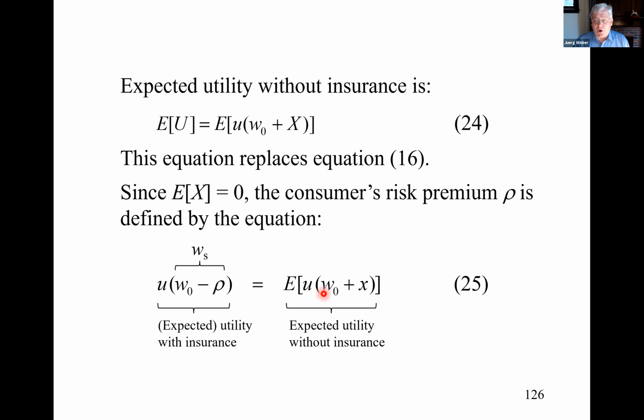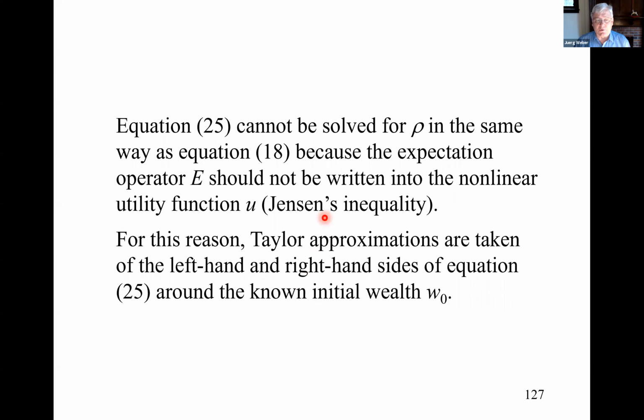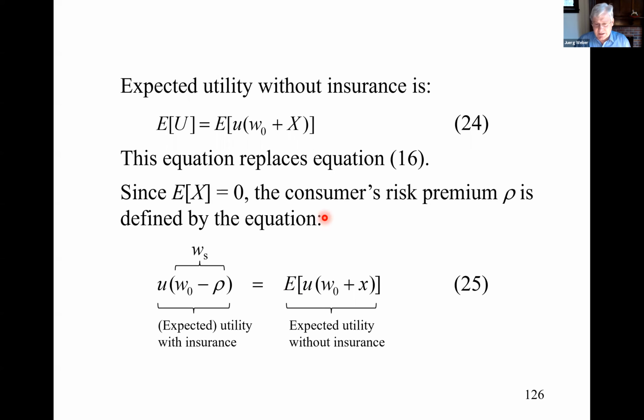And it's wrong because this utility function is nonlinear. Remember, it's concave because we are risk averse. Now, with linear functions, you are allowed to write the expectations into the functions. But with nonlinear functions, you're not allowed to do it. And that's because of Jensen's inequality. So basically, we cannot invert this utility function and solve for rho.